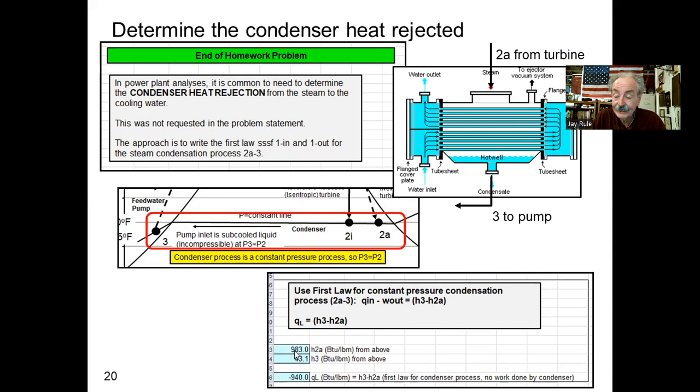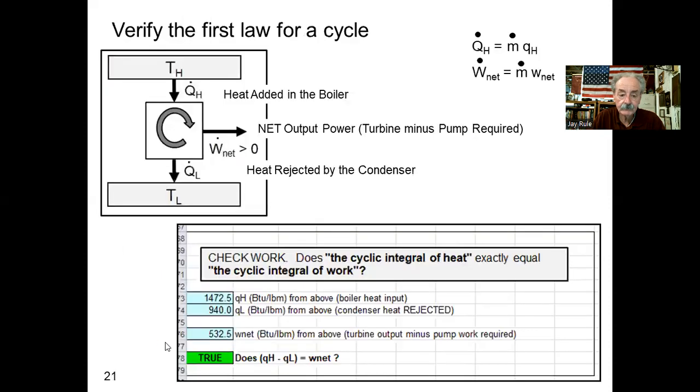H2 actual, 983 BTUs per pound. H3, 43.1 BTUs per pound from previous work. Subtract those two: QL is negative 940 BTUs per pound, Q dot over m dot, negative 940 BTUs per pound.